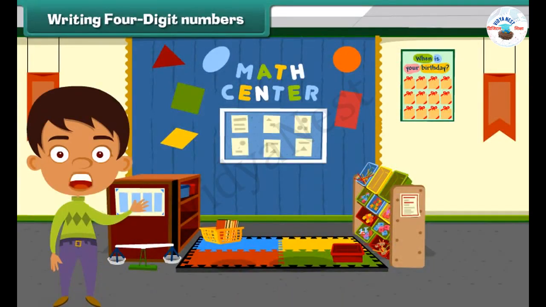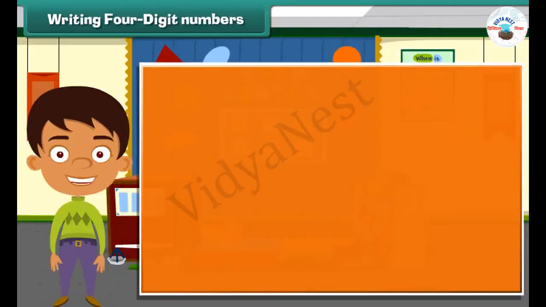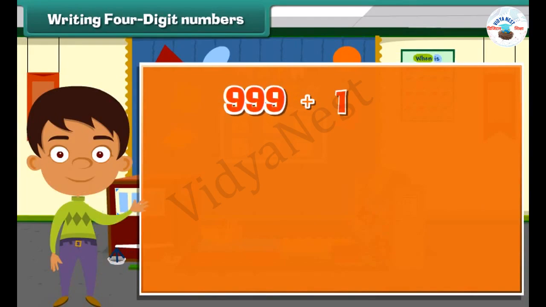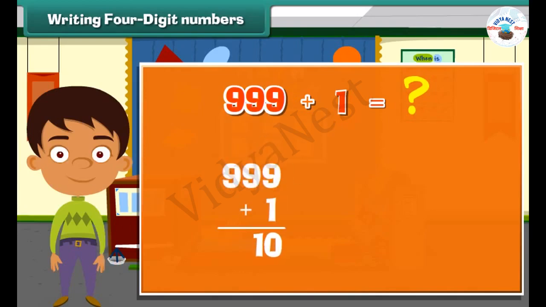Writing 4-digit numbers. What is the number that we get when we add 1 to 999? 9 plus 1 is equal to 10. Write 0 and carry over 1. Again, 9 plus 1 is equal to 10. Write 0 and carry over 1.